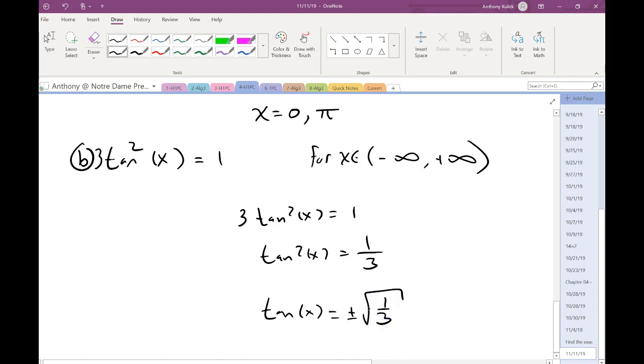So there's that. How do you square root a fraction? Anybody remember? No flipping. Good. So you just square root the top and you square root the bottom, right? The square root of 1 is just 1. And then the bottom is the square root of 3.